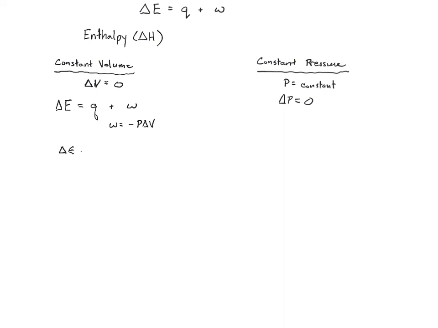So the change in energy is equal to Q minus P delta V. I'm going to take this heat and get it by itself, so I'm going to swing that around to this side, and we get Q equals delta E plus P delta V. Now we know that delta V is going to have to be equal to 0, which wipes out this entire term.